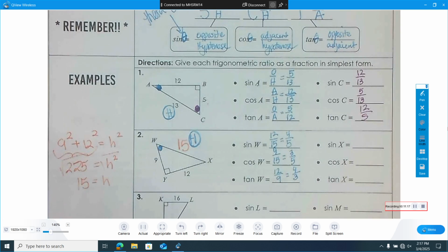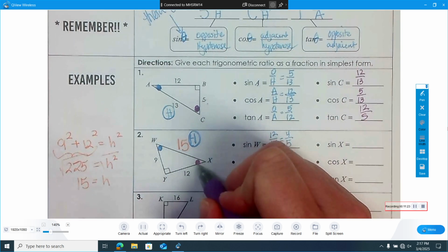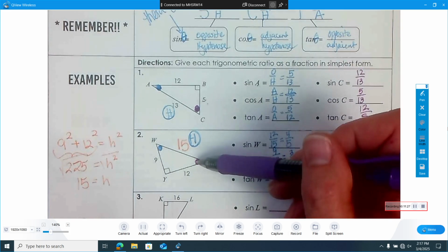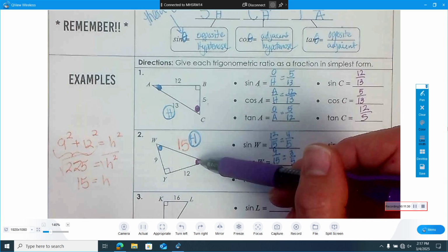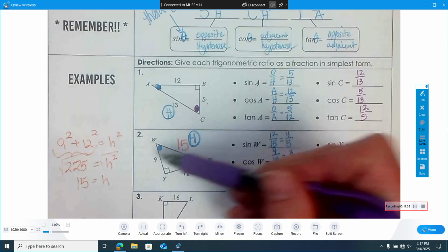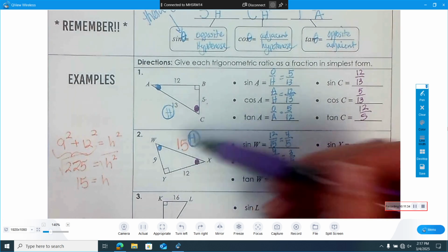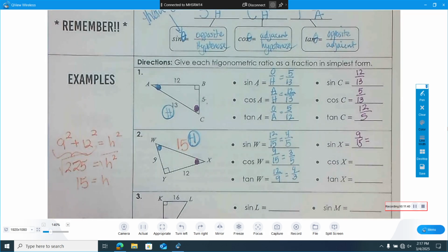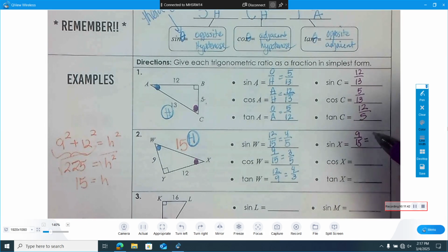Questions so far? All right. Now we are looking from angle X, so from over here now. The sine ratio according to angle X is opposite over hypotenuse, which is 9 over 15, which reduces to 3 over 5.